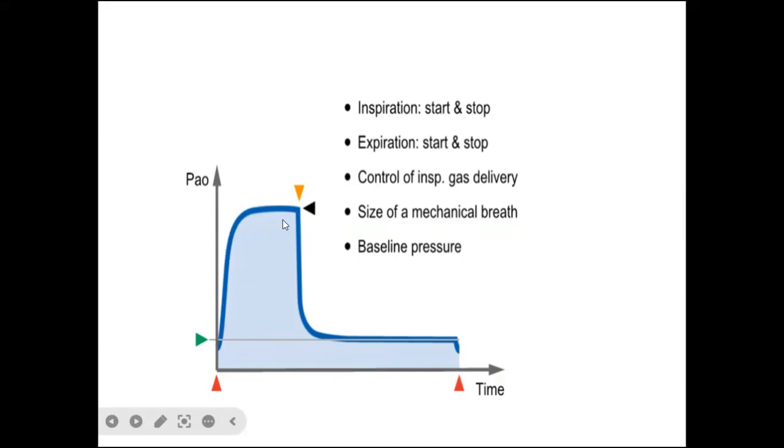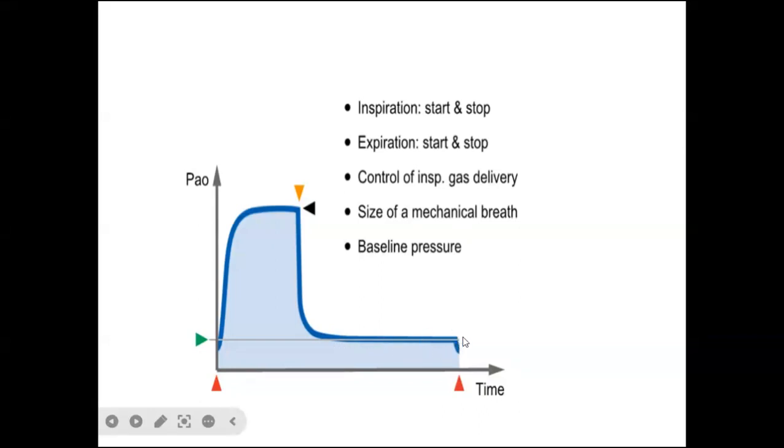You continue the inspiration, and you should not go beyond a certain thing that is called the limit. So you need to limit the inspiration to a certain extent, stop the inspiration and move back to expiration. And again, during expiration, you should not go below a certain extent. You need to stop at a certain extent, then continue the expiration. This is called the baseline pressure.